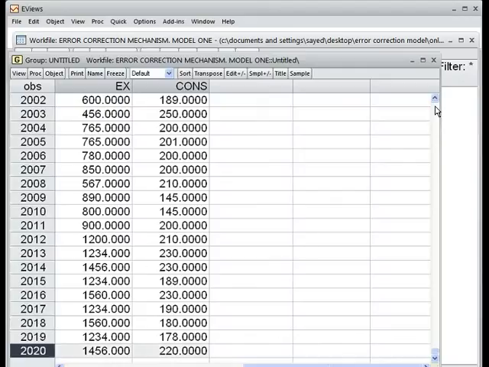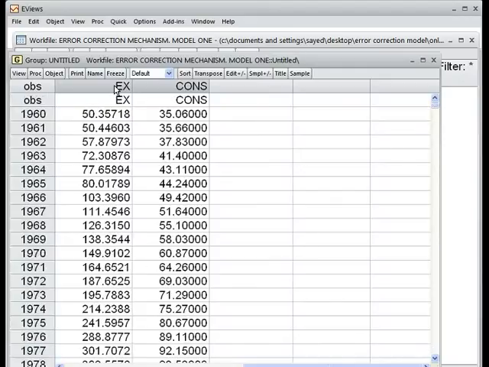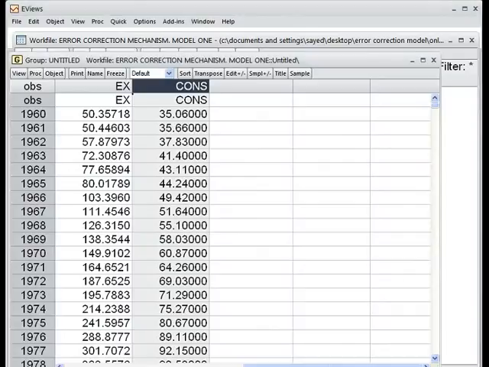Here we have the assumption that these two variables are non-stationary at level, meaning that these two variables have a unit root, but when I convert these variables into first difference, they become stationary.